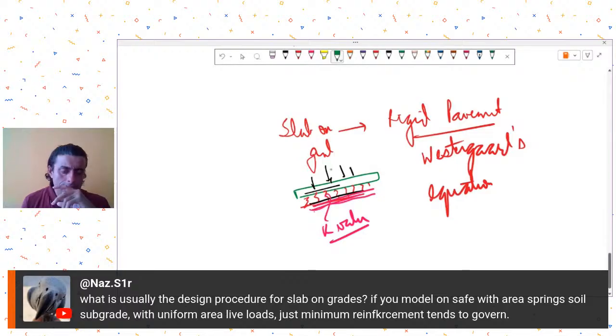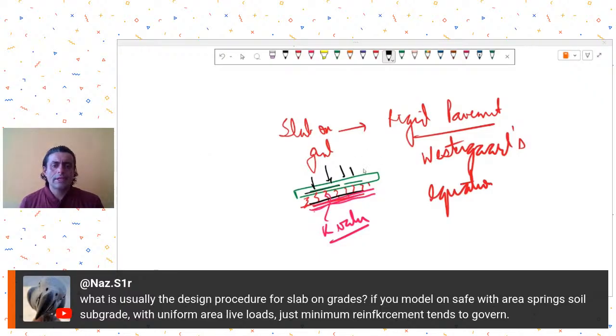Okay. So the Westergaard's equation is used for this, and then temperature related stresses. Generally for slab on grades, we don't consider temperature because slab on grades are inside our, let's say, industrial complex, so they are not going to be subjected to temperature variations as such. So temperature is not an issue, but you may have to consider corner stresses and all those things.